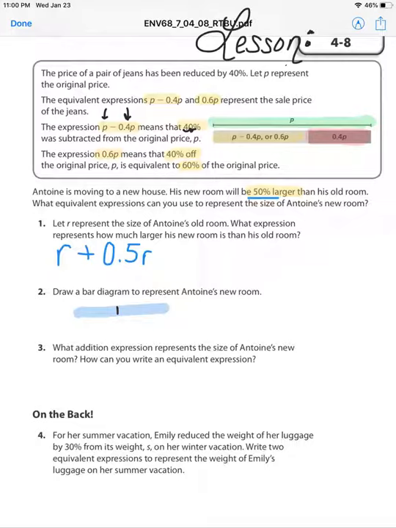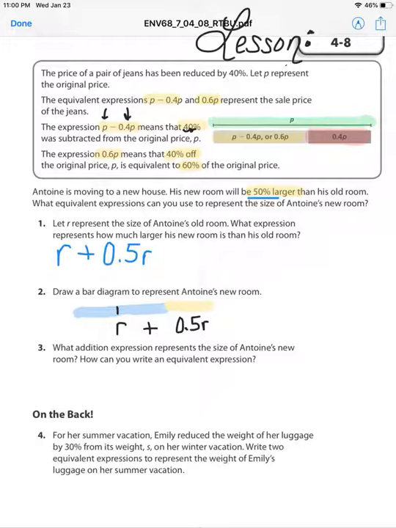If I add about that much, that would show this is his old room, and this is the 50% that we're adding on to it. And I labeled it R and 0.5R. And again, if I put them together, with a little plus sign here, notice I get the expression that I just wrote above.